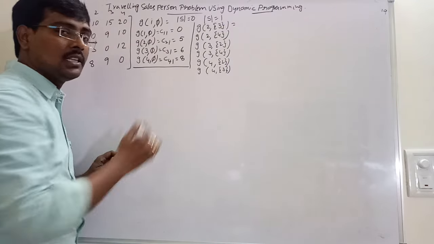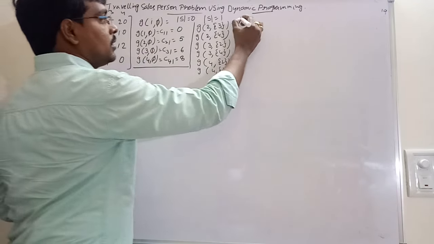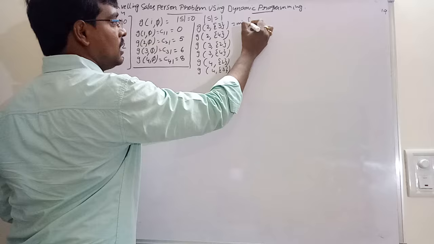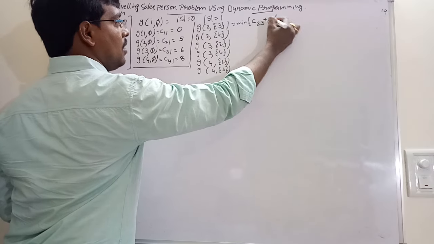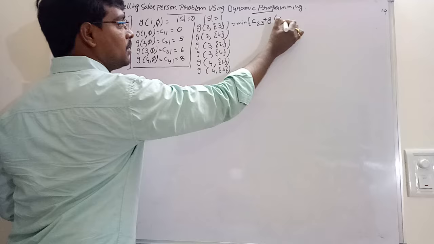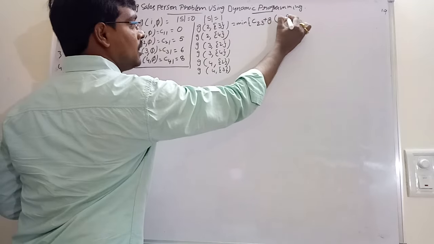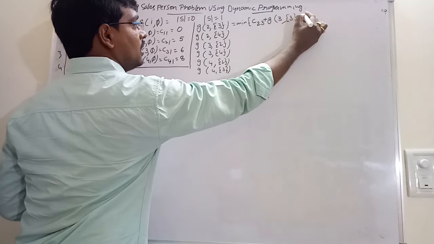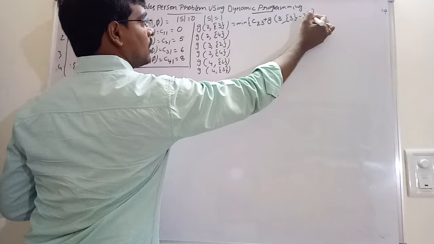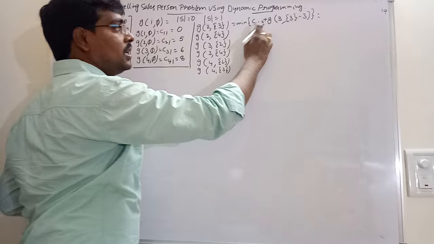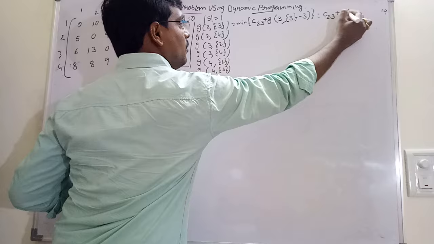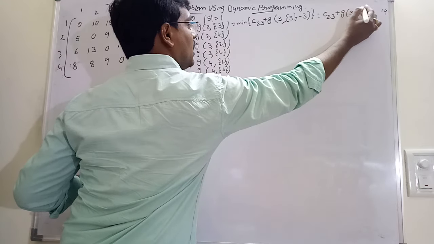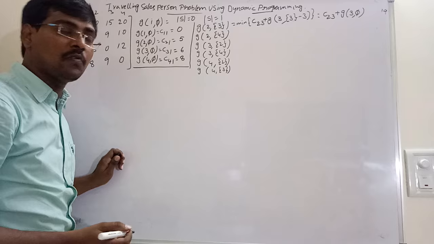When the set contains only one element, it is the minimum of C23 plus g(3, S minus {3}), which is g(3, empty set).